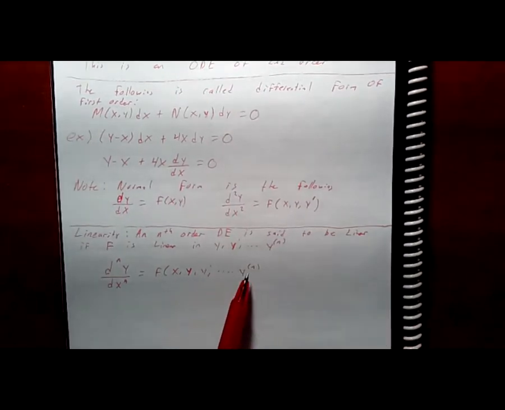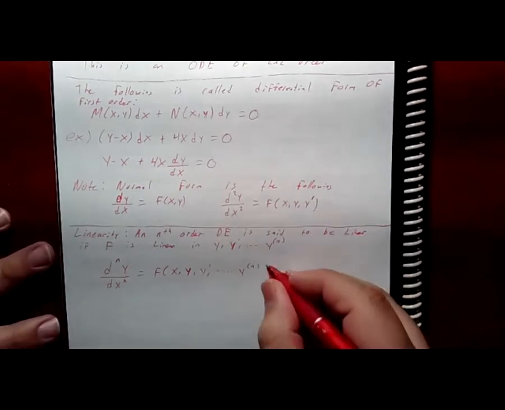So each term must be linear in order for the entire thing to be linear. Some will write this left-hand side as capital F of all this, but let's just keep it this way. So this differential equation is linear if all of these pieces are linear, okay?